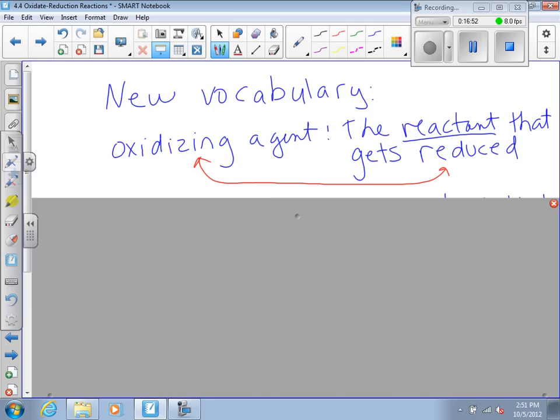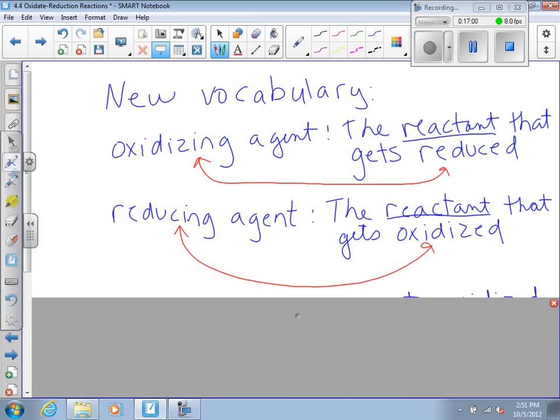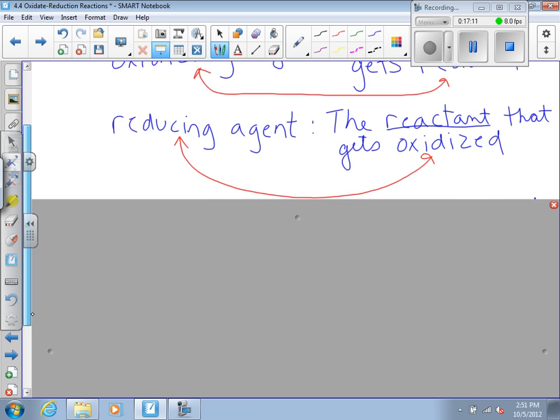Remember, gaining electrons is reduction. Leo says grr. There's also something called a reducing agent, and the reducing agent is the reactant that gets oxidized. Losing electrons is oxidation, so Leo.